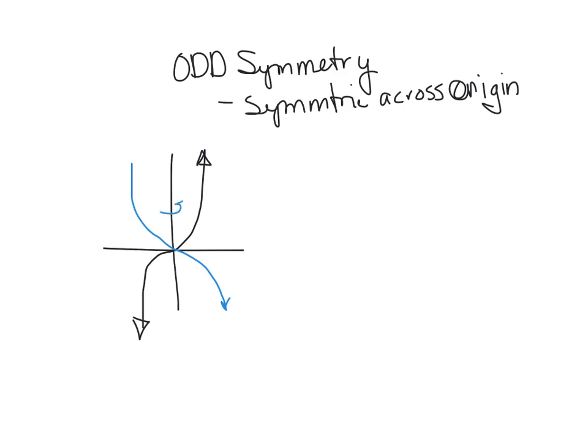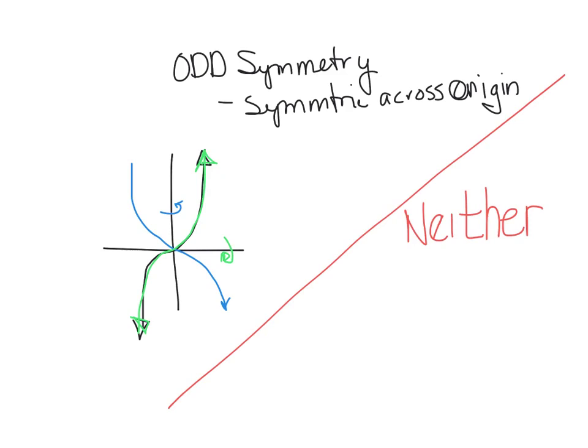So we did that one reflection, then we do this one, and that ends up with that being up instead of down, and guess what? We are right back exactly where we started. So after this, across the y and then across the x, which is the same as what we call symmetric across the origin, we get the same picture. So it is symmetric across the origin. This has odd symmetry.